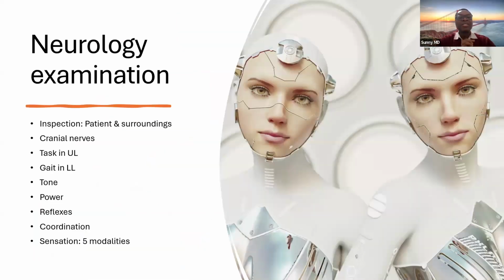And so this is a summary of how you should do a neurological examination. Inspection is key. You need to inspect the patient and the surroundings. You can start either way: from the surroundings and then move towards the patient, or start with the patient and then look at the surroundings. That should happen within seconds.